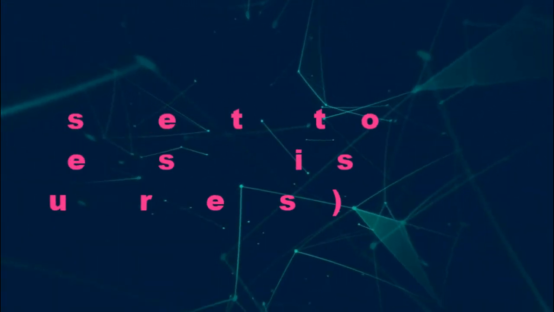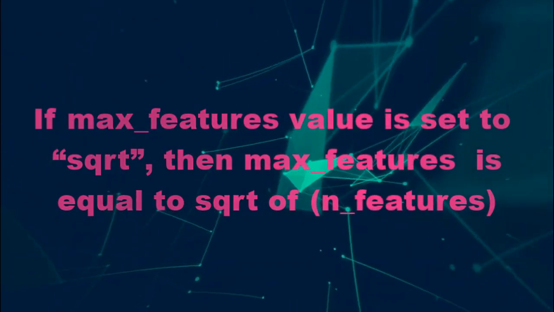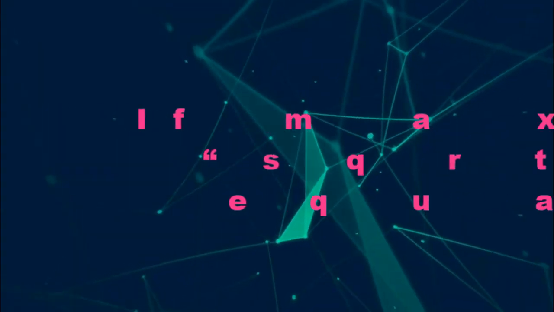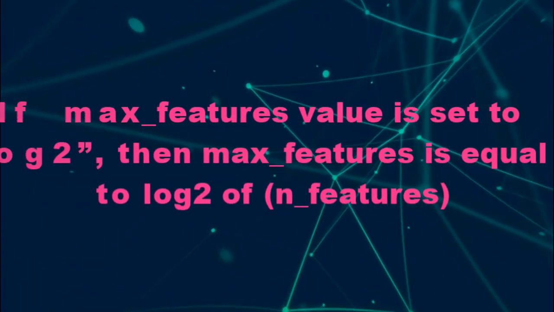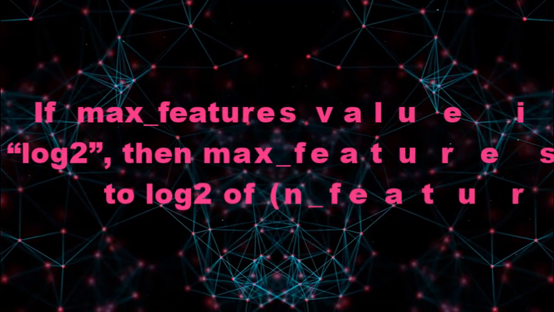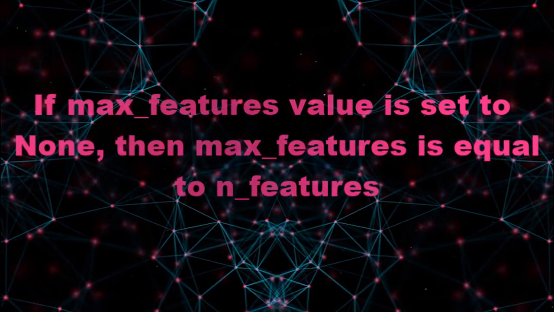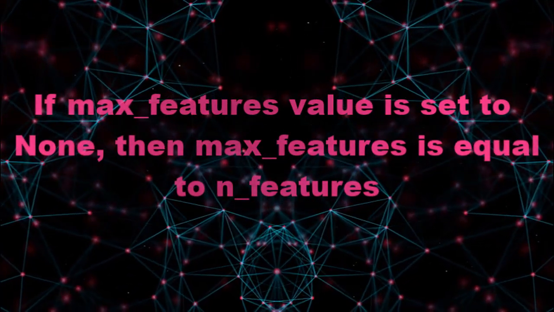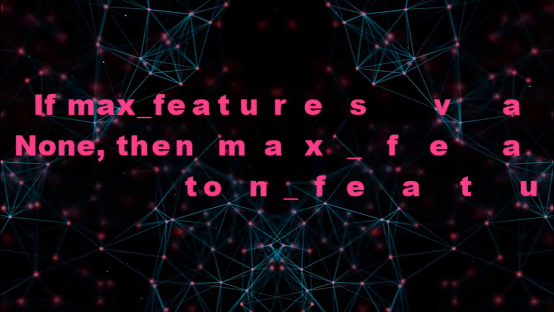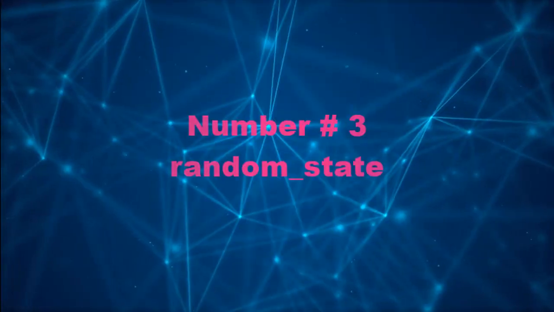If max feature value is set to sqrt, then max features is equal to the square root of the number of features. If max features value is set to log 2, then max features is equal to the log 2 of the number of features. If max features value is set to none, then max feature is equal to the number of features. The third concept used here is random state.